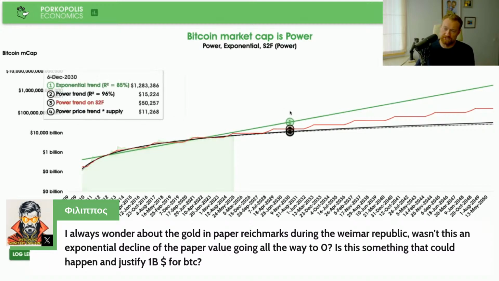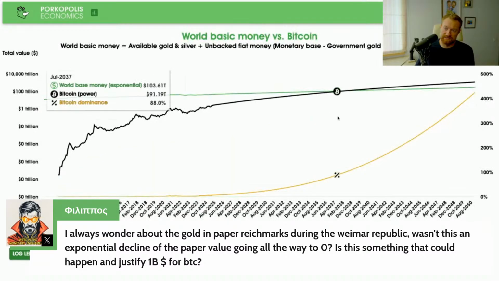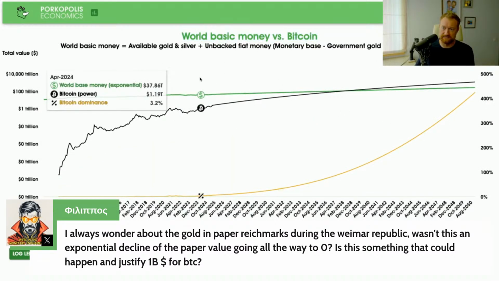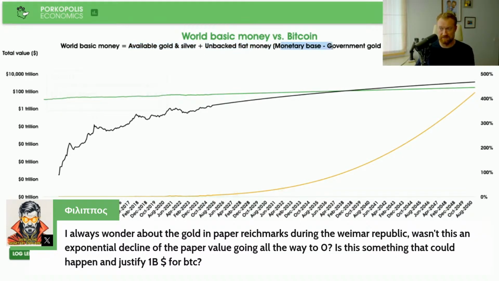It's also a good question, by the way, just for fun, because this one is my ultimate chart. This is my ultimate basic money chart. I got available gold and silver here in green, plus unbacked fiat money, which is the monetary base, minus gold and Bitcoin reserves, because you have to take those out because they overlap a little bit.